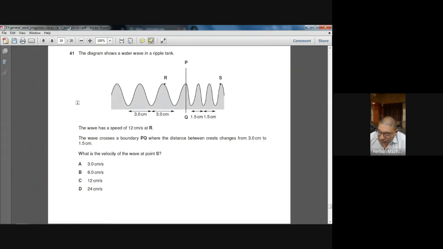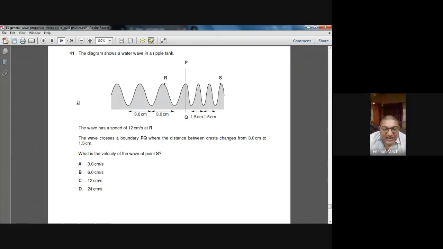In the deep water, I know the velocity and the wavelength. So divide the velocity 12 by the wavelength 3, and you get the frequency, 4 hertz. When the water waves enter the shallow water, the frequency does not change, so it is still 4 hertz.